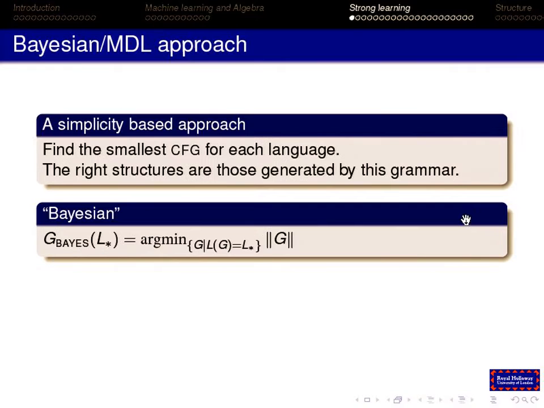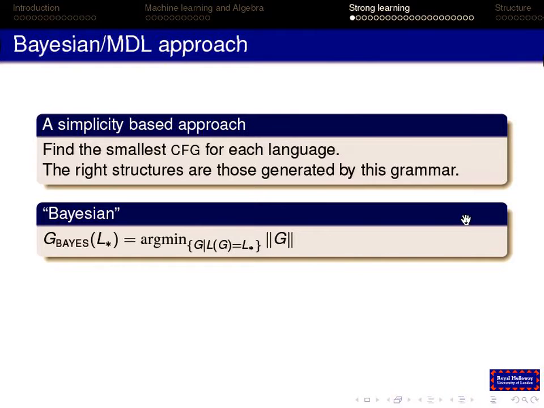Now, this is maybe a slide that goes some way towards helping answer Jason's question. So one way of learning a grammar might be to take some Bayesian or MDL type approach. I'm doing this a little bit informally, but let's say we just have an infinite data limit, and we figured out what the language is, and what we're interested in is the problem of finding the right grammar for this language.